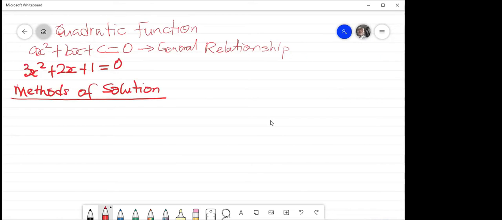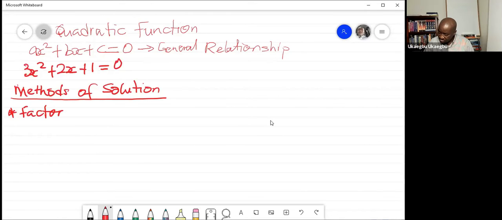Factoring. Okay, factoring is one of them. Some places you can see factorization. Yes, what's another method? Another method starts with Q. Quadratic formula. Well, you can just call it formula.